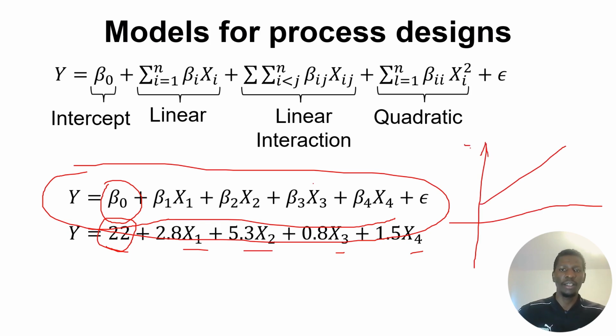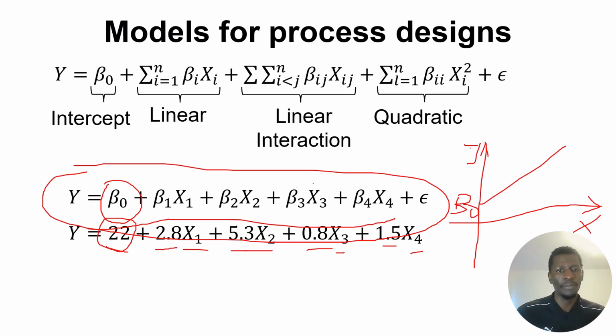And when you start varying the factors, the moisture content will also start changing. So if you set the value of x here at 0, you have a value of y, which is actually beta 0.